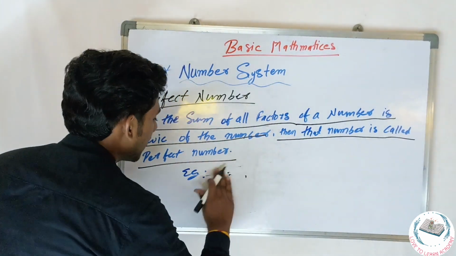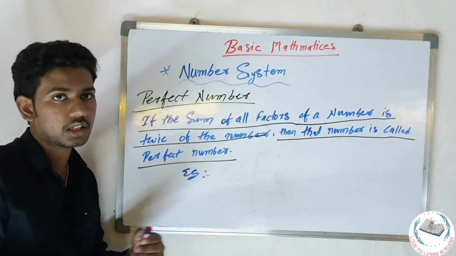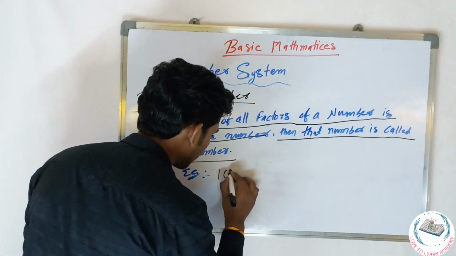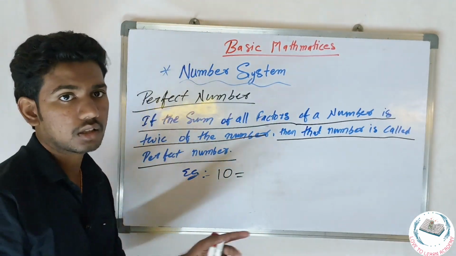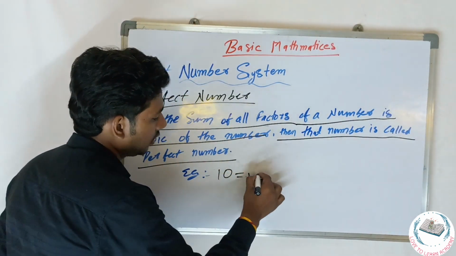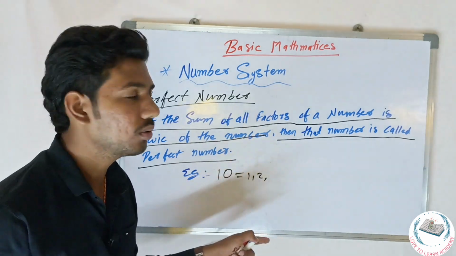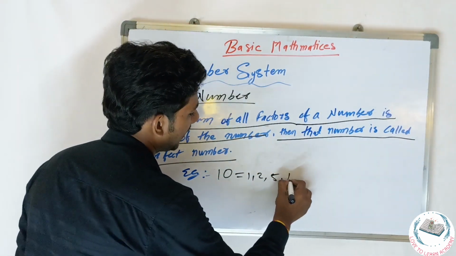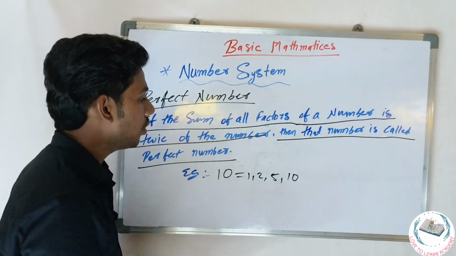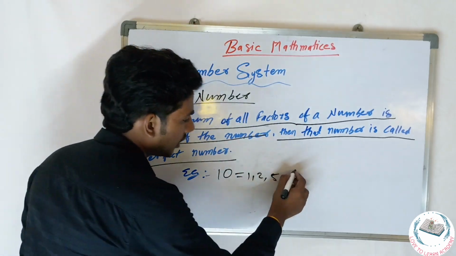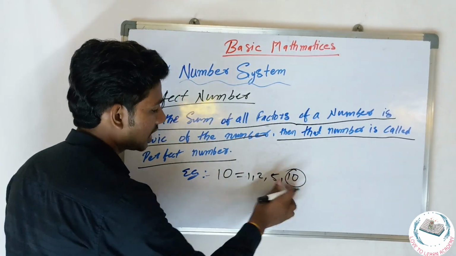Okay, so let's take example 10. The factors of 10 are 1, 2, 5 and 10 only. You have to forget 10, right? Because it's the same number.